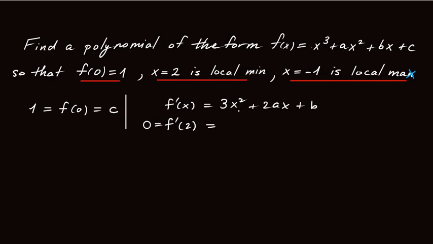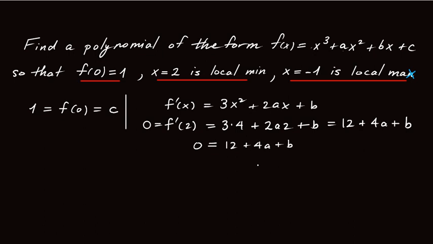Now if I plug in 2 into the derivative, I get 3 times 2 squared, which is 4, plus 2a times 2 plus b. Or in other words, that's the same as 12 plus 4a plus b. So one equation I get is 0 equals 12 plus 4a plus b. That comes from x equals 2 as a local minimum.